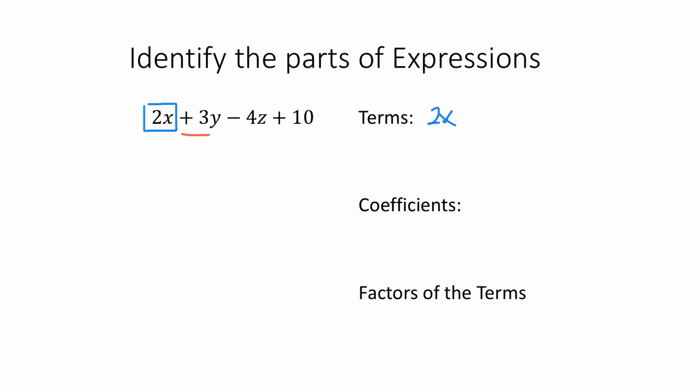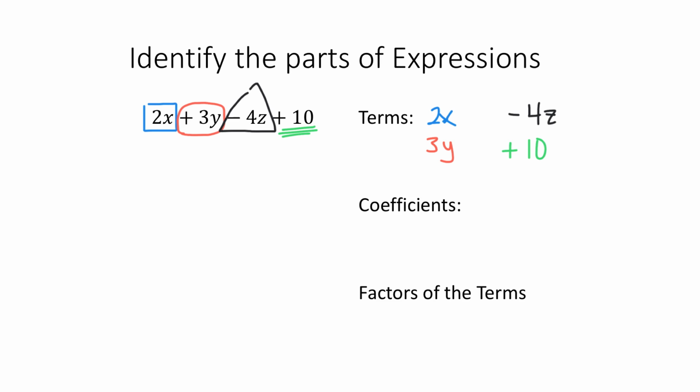The next one we have is positive 3y, so I'll write that one over here as well. Now the next one that we have is negative 4z. That is also a term, so negative 4z. And then the last one that we have here is this positive 10, and so I'll put positive 10 over here, and those are the four terms of this expression.